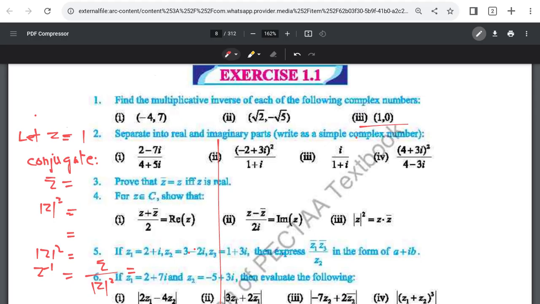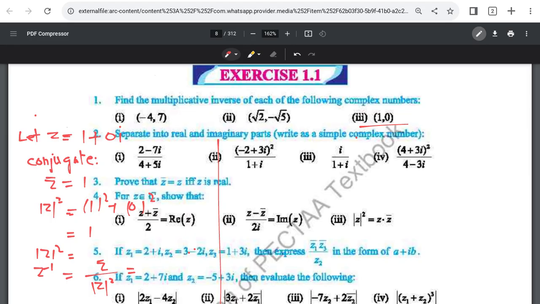We have 1 plus 0 iota. Then the conjugate of this one is 1. Okay, and the modulus square of this one is 1 square plus 0 square, which is equal to 1.